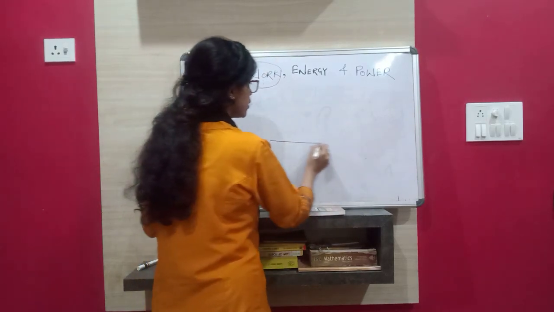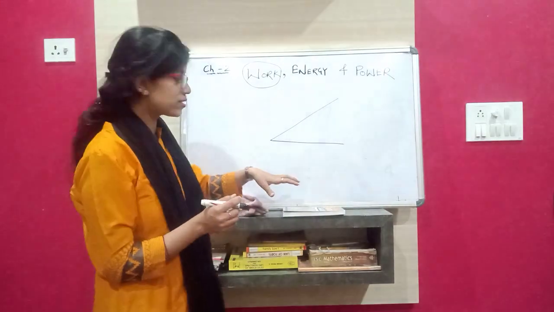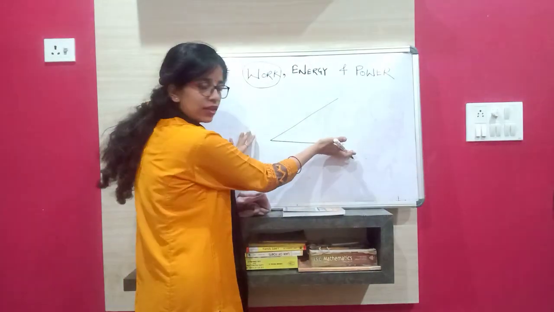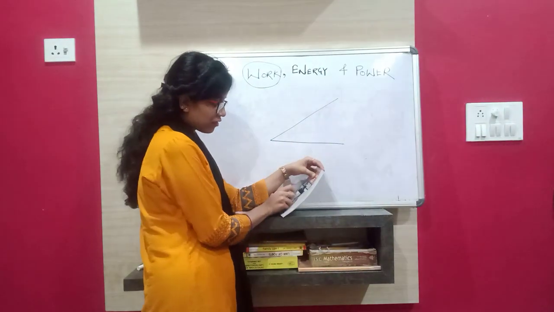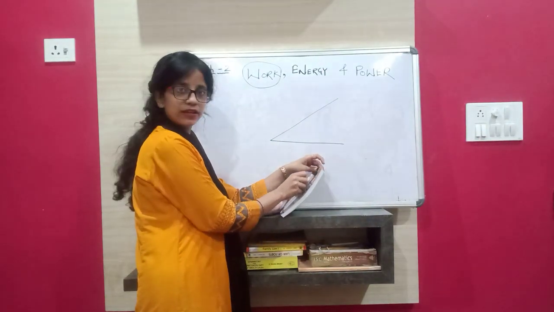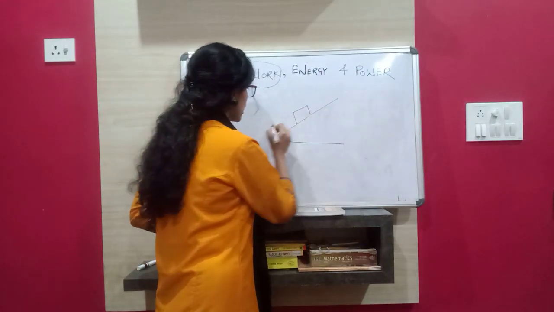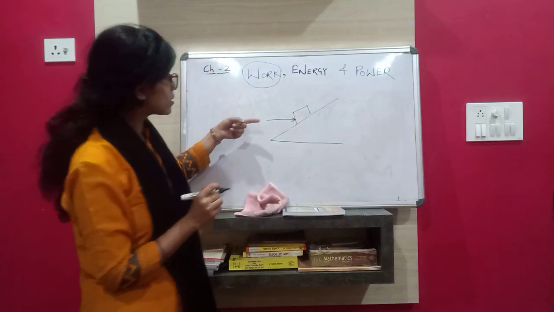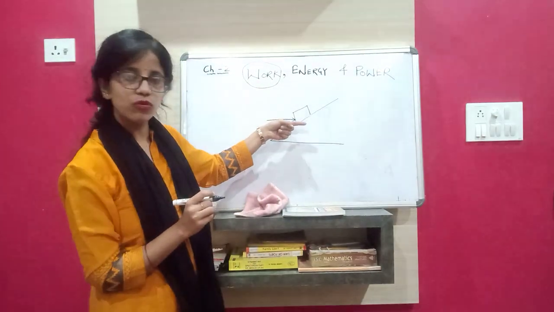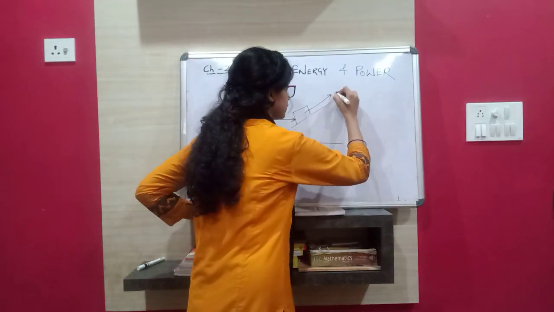If a body is moving on an inclined plane, I hope you all can understand, we have a horizontal line and an inclined plane. This is our horizontal line, this is our body, and it is moving on an inclined plane. Here we are applying a force, and the body is moving in the upward direction.